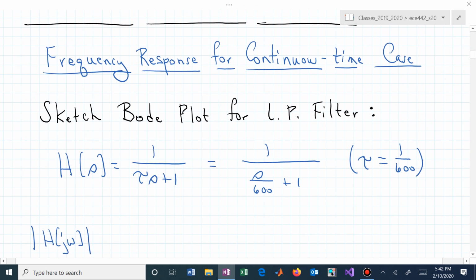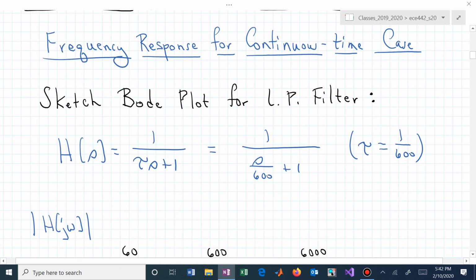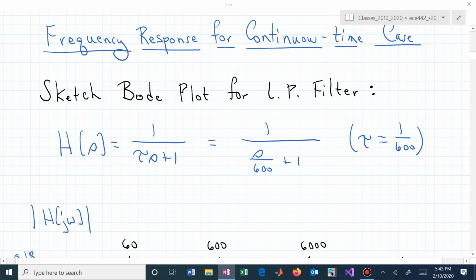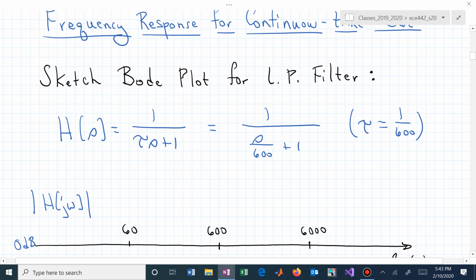Let's now return our thought process so that we connect with what we're used to seeing. Let's remind ourselves how we find the frequency response for a continuous time transfer function, h of s. Before, somebody asked how did we get tau, or why did we put our pole at 600.